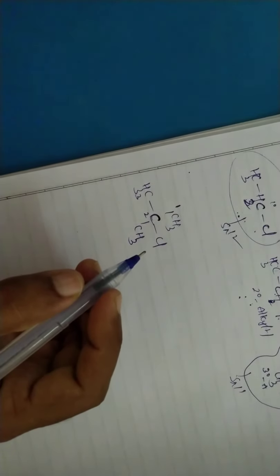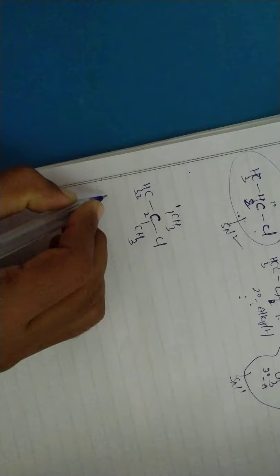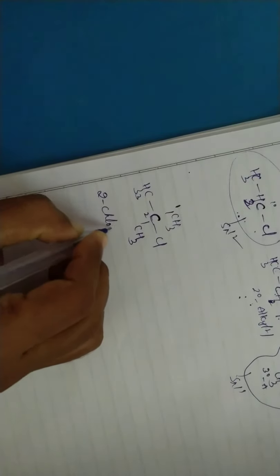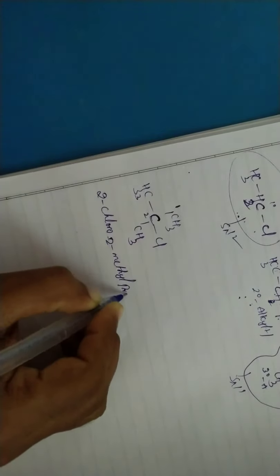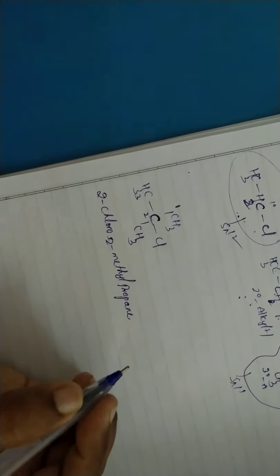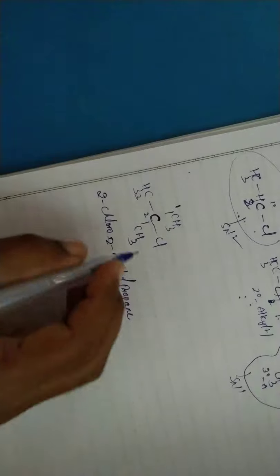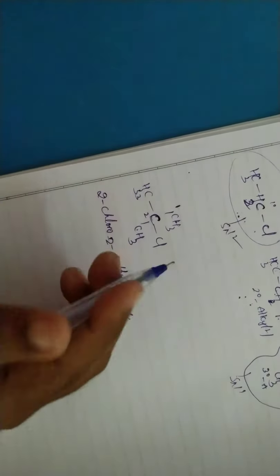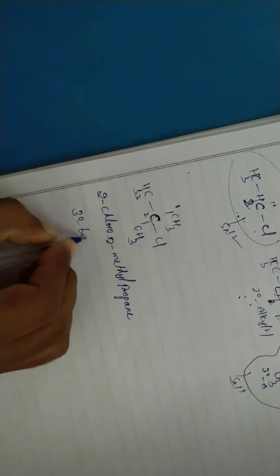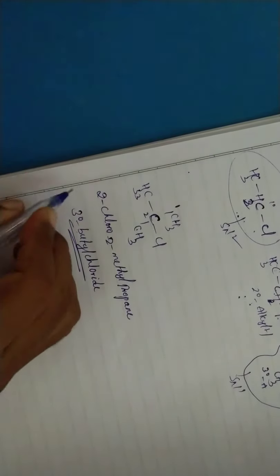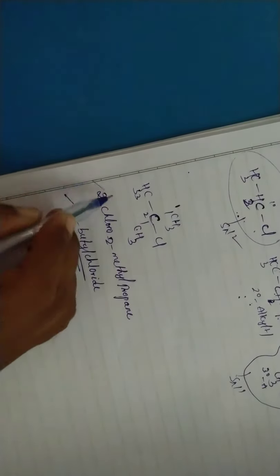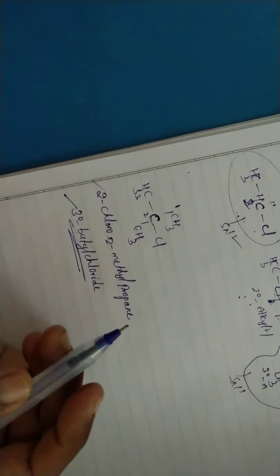If I give the IUPAC nomenclature, it is 2-chloro-2-methylpropane, or simply we can call it a tertiary alkyl halide. Totally we have 4 carbons, so the common name of the compound is tertiary butyl chloride. 2-chloro-2-methylpropane is the IUPAC name.